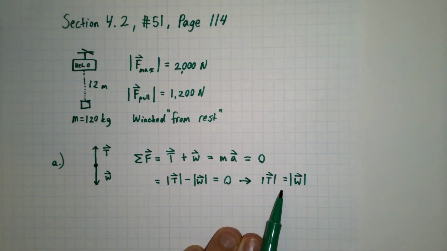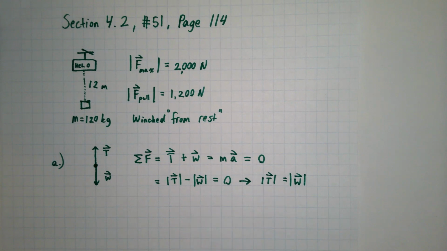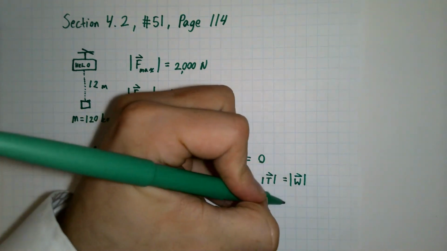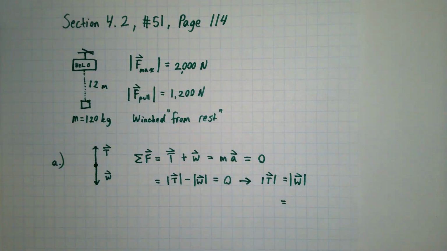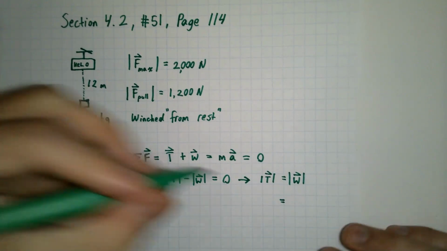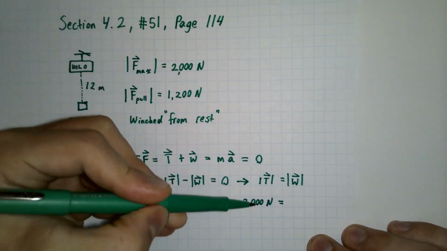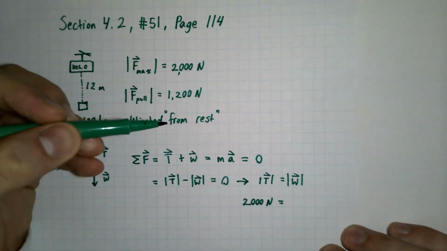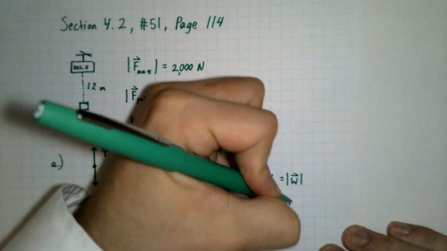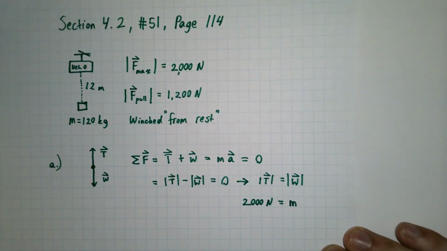All right. Do we know the magnitude of either of these forces? Well, the force we're asked to find really here is the tension, or the force of the cable on the people. We know that if it has a tension force of 2,000 newtons, right, if that's the maximum force that it can apply, what we're asked to find is what maximum mass it can lift.